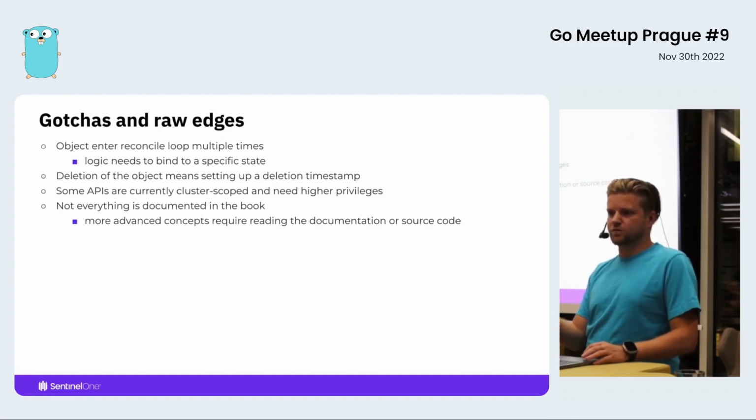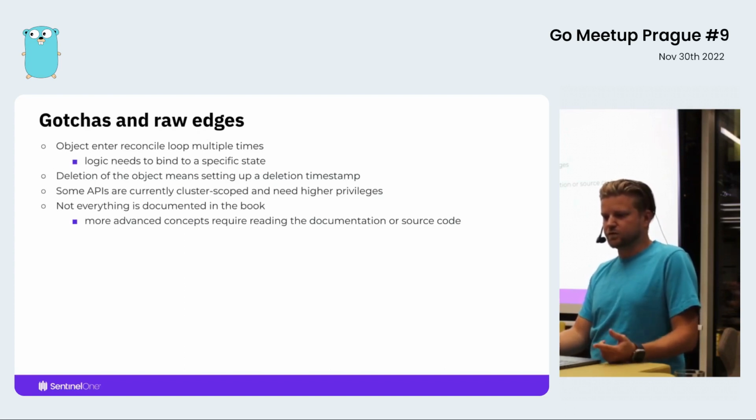So you need to watch all properties and, based on them, decide if the object is in the state where you want to modify it. For example, when an object is deleted, just a deletion timestamp is appended to the properties, and that's everything. So you just look whether this property is there, and if it appears, you know someone is deleting the object and you should do all the cleanup.